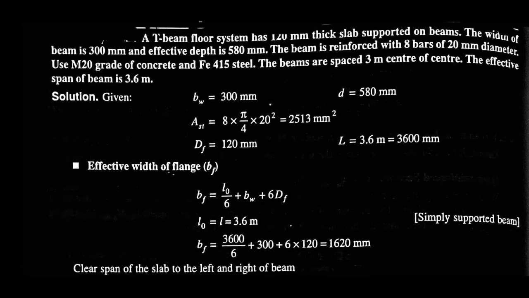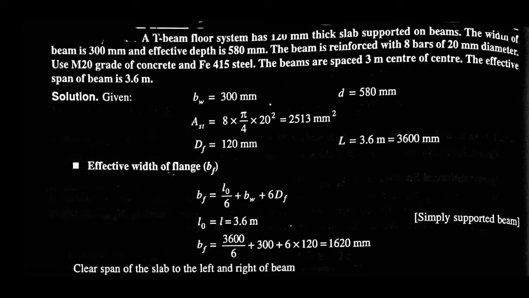First, read out the first problem. A T-beam floor system has 120 mm thick slab supported on beams. The width of beam is 300 mm. That means width is given, but effective width of flange is not given here. And effective depth is 580 mm.